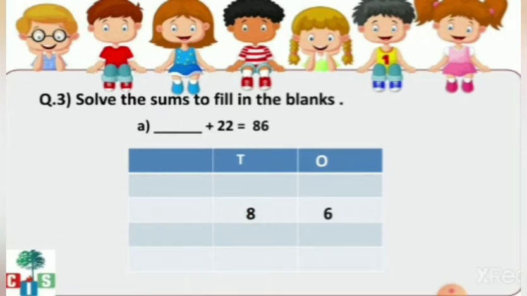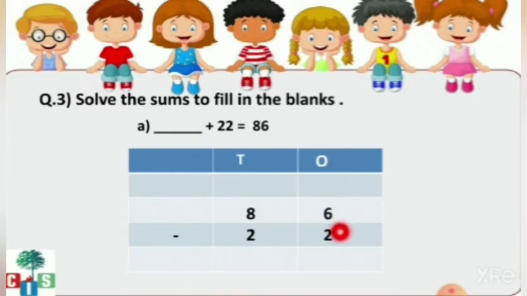So we will write 2 in tens column and one more 2 in ones column. Now here is the sign of plus. But we have to find this answer. So what we are going to use here? Minus sign.